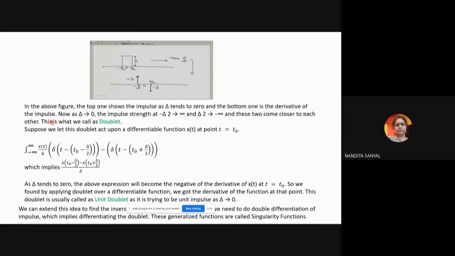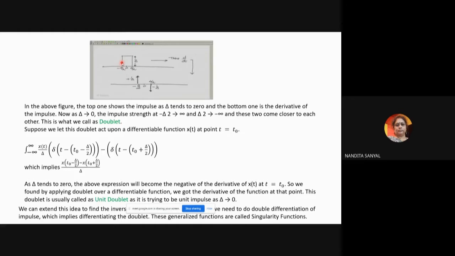Now, if C delta t is differentiated, that means an impulse function is getting differentiated with respect to time. But we know that the impulse is only defined at a particular point, and it is zero everywhere else in the domain. But if we go with that, then we cannot differentiate the impulse function.